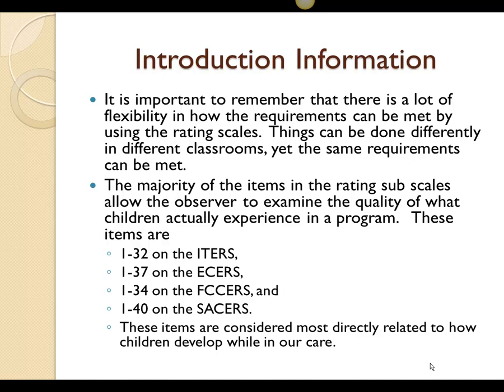So these are the items that are considered the most directly related to how children develop while they're in our care. The sections that go beyond that, and all of them end somewhere there in the 40s, have to deal with the parents in the program. Okay, so these ones here are of our utmost concern, but yet again the parents are still another priority in a program.